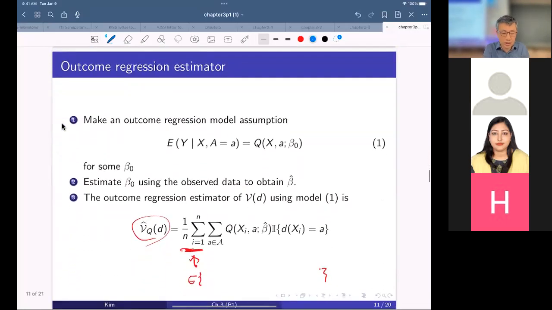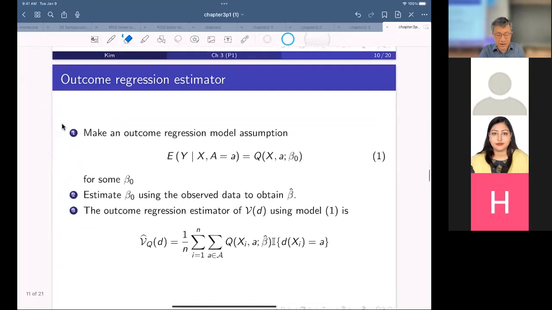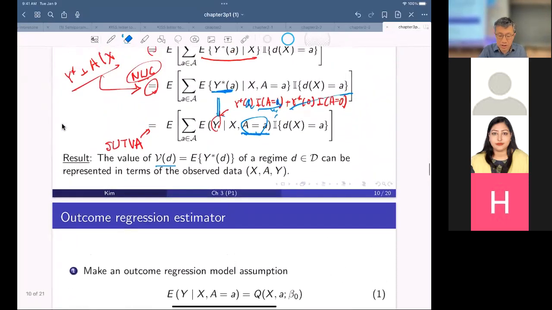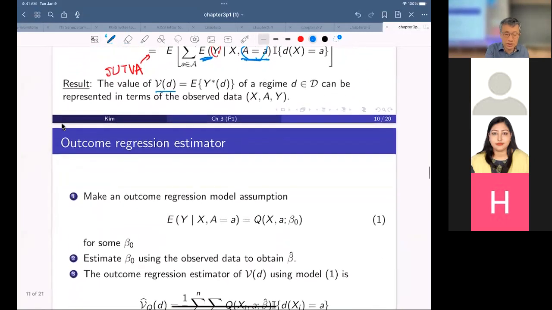The actual step for obtaining this estimator requires some details, right? For example, when you compute this conditional expectation, you need to use an outcome model.